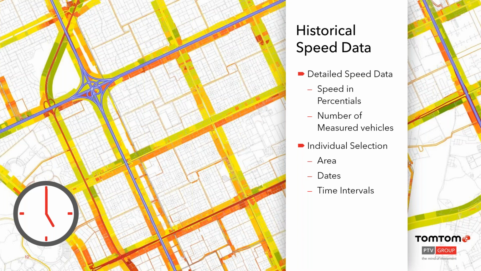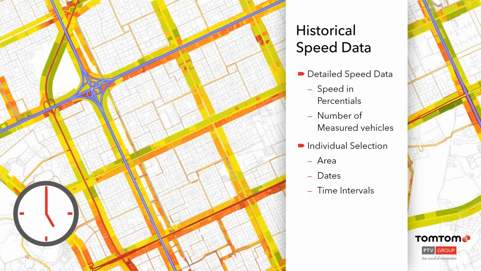And together with the map, you will then get a set of attribute files with a lot of information. For example, the speed that was measured in that time interval in percentiles, so like the 5%, 10%, 15% slowest vehicles that have been measured in that period of time.